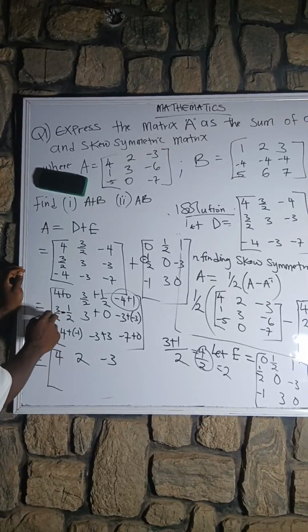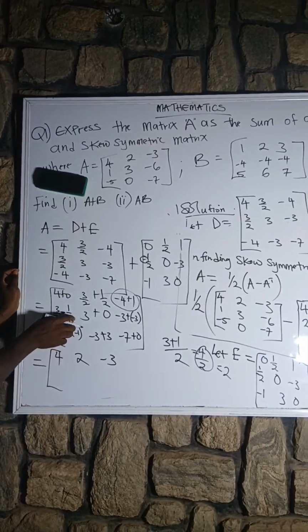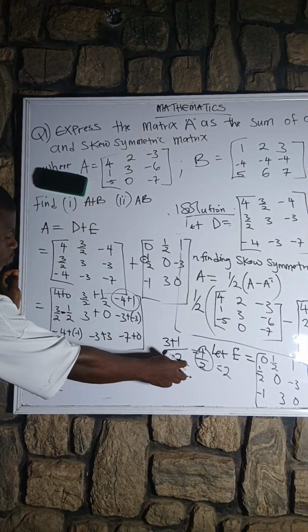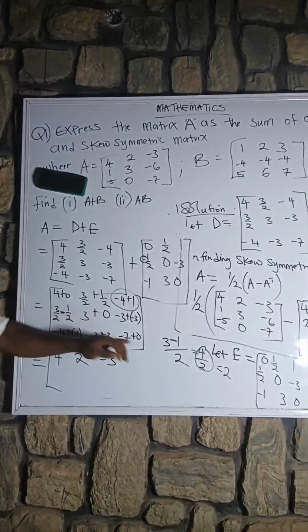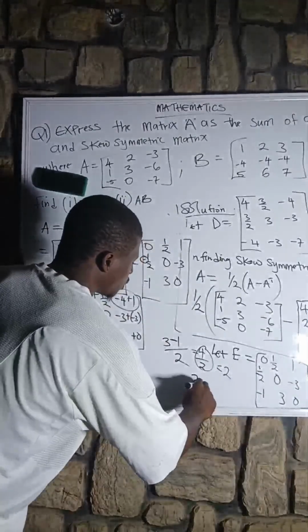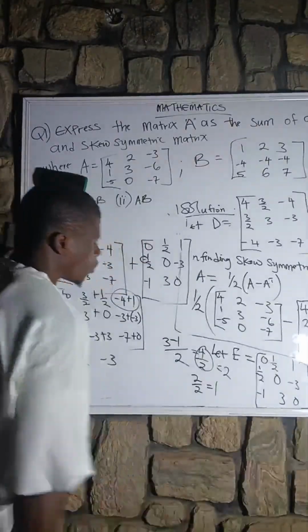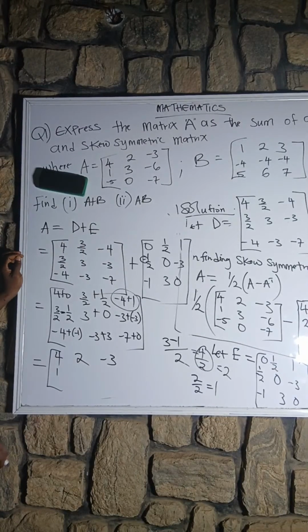So since the denominators are the same, you pick one denominator and then you subtract the numerators, which is 3 minus 1, will give you 2. 2 divided by 2 will give you 1. So we are going to have 1 here.